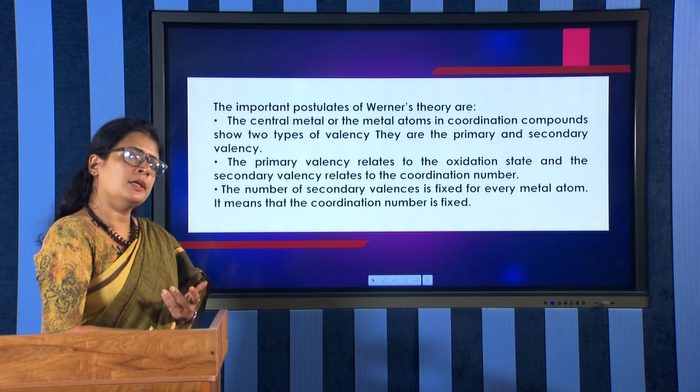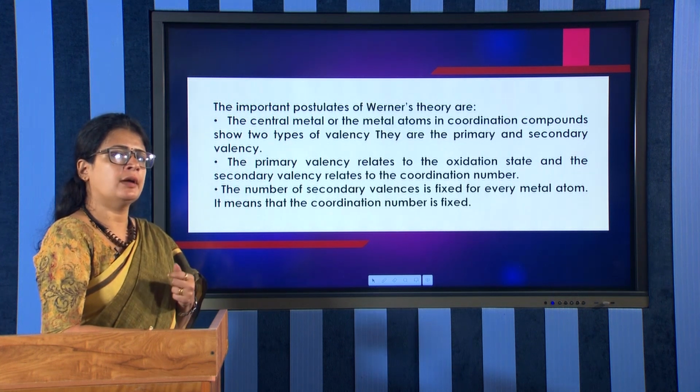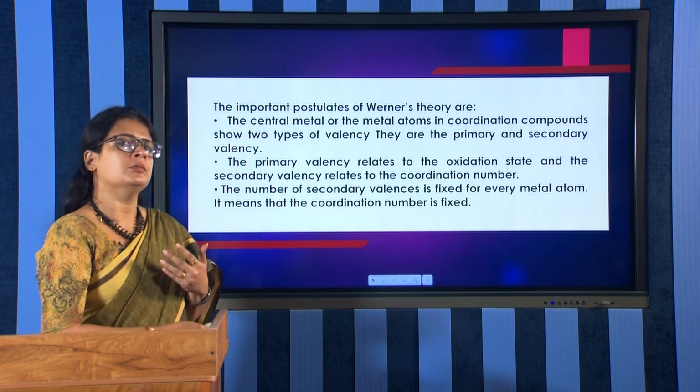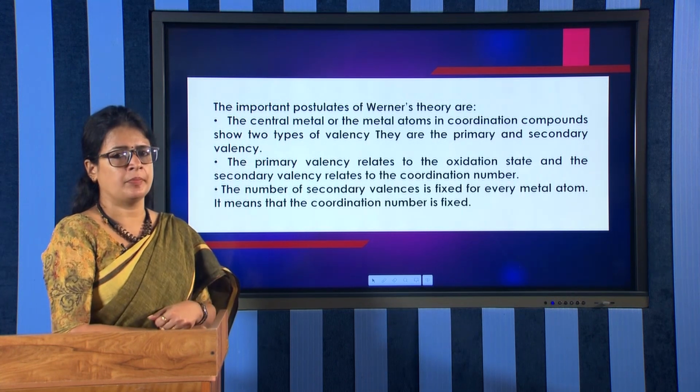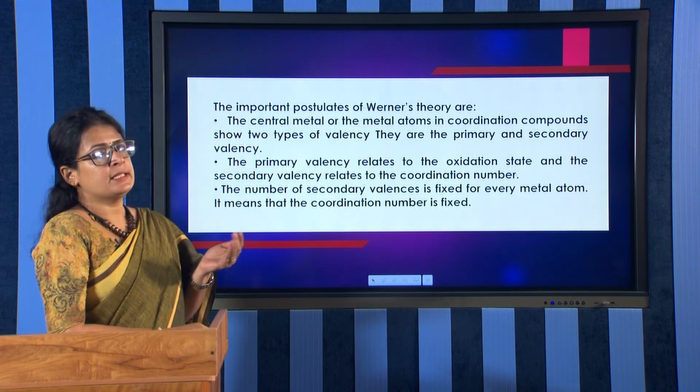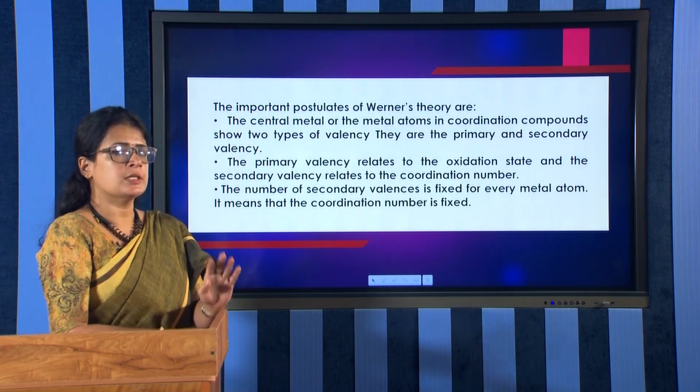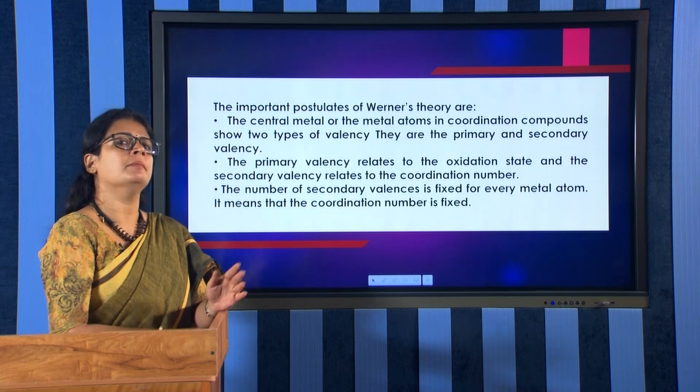In the introductory part of this coordination chemistry, I taught what oxidation number and coordination number are. So, primary valency relates to the oxidation state, and secondary valency relates to the coordination number.